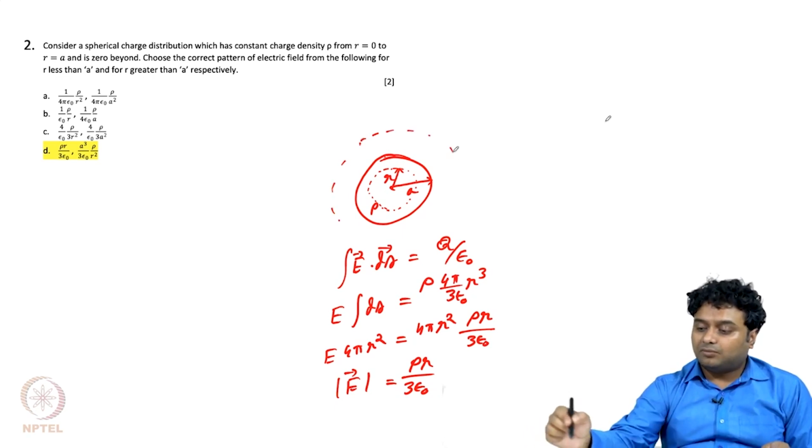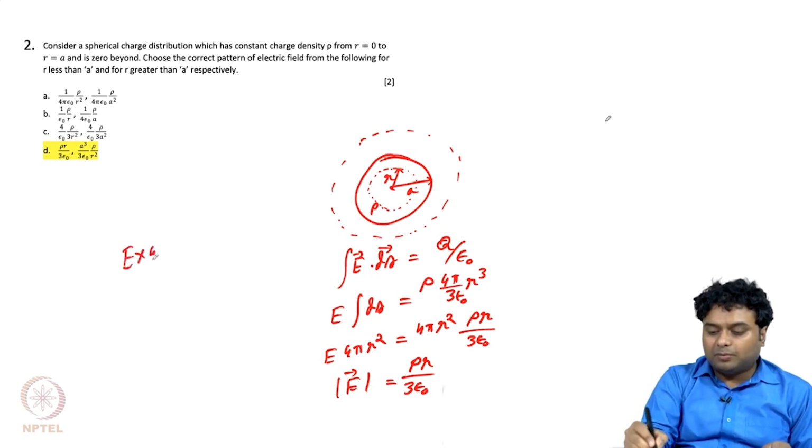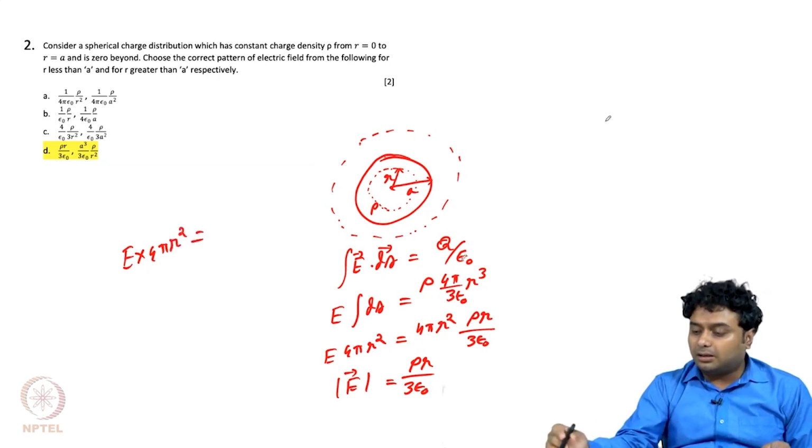So we will take a Gaussian surface for r greater than a, let us say this is the Gaussian surface. In that case the left side will be the same, because E dot ds will give me E into 4 pi r square, that is equal to q by epsilon naught.